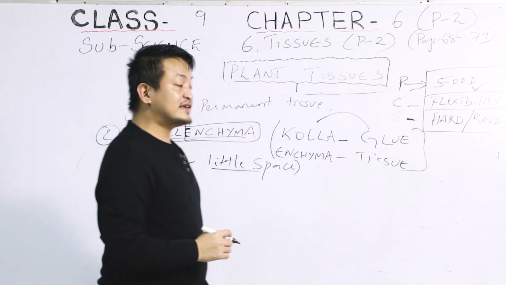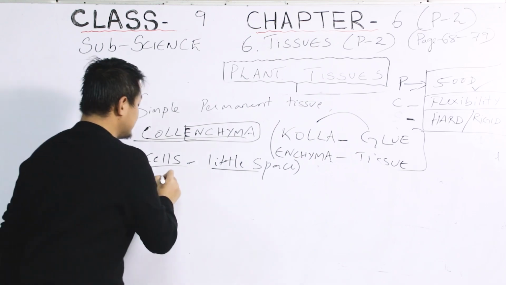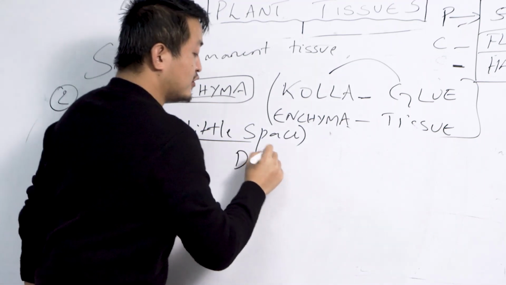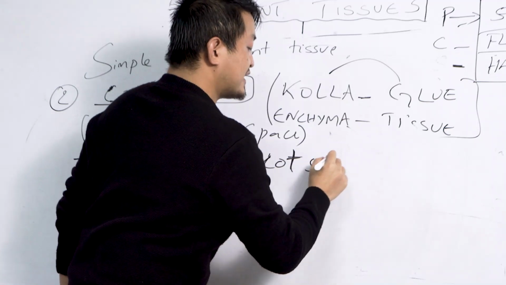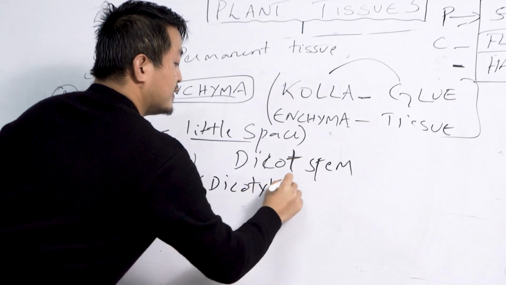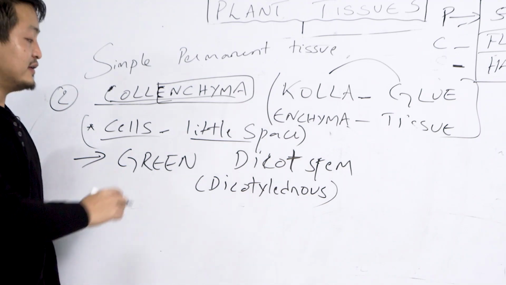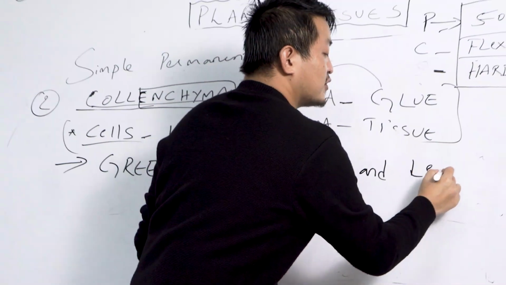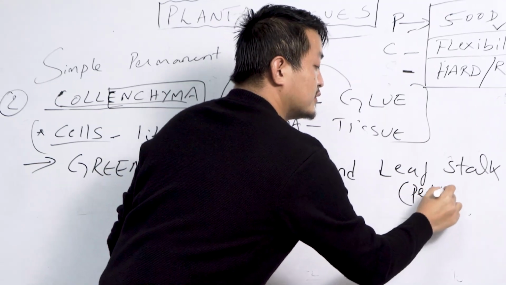Now, where will we find this collenchyma? We'll find this collenchyma in the green dicot stem, or dicotyledon, as well as in the leaf stalk, that is the petiole.